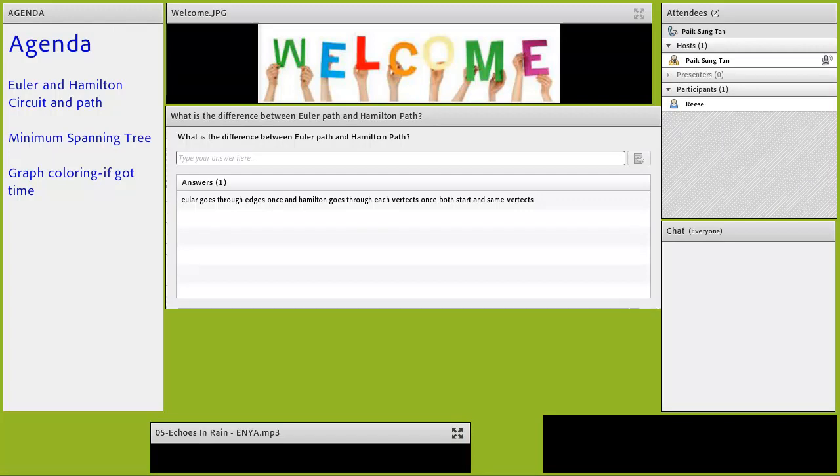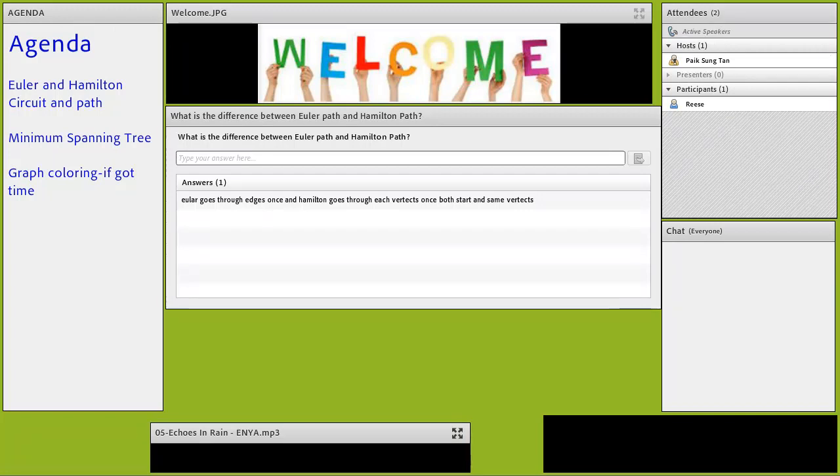Okay. You got it right. Euler goes to every edge once, and only once. Only one time, no more than one. Hamilton goes to each vertex only once. But both start and end at the same vertex, that applies to circuits, which we are going to look at.